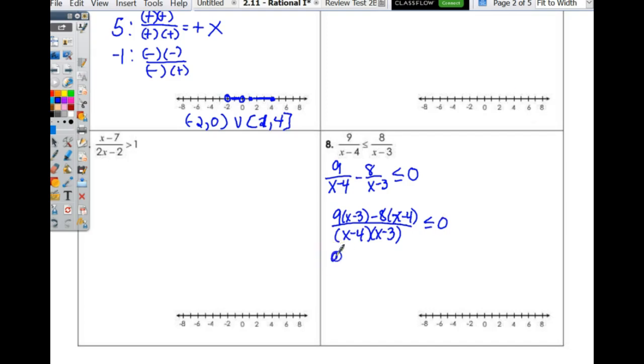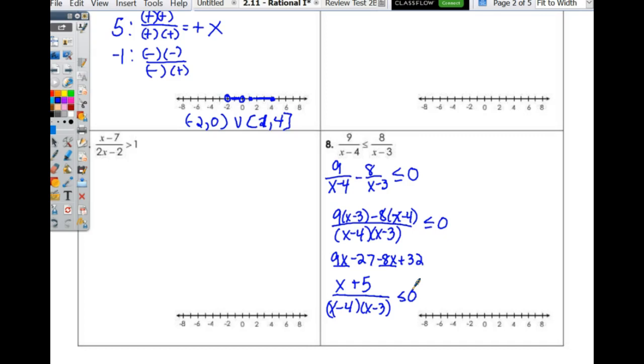Okay? So I'm going to have 9x minus 27 minus 8x plus 32. That's just the top. I just multiplied. So I'm going to combine like terms. 9x minus 8x is x, and minus 27 plus 32 is 5, so x plus 5. So the denominator didn't change, and it's less than or equal to 0.